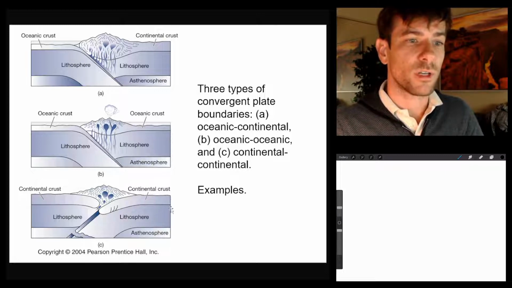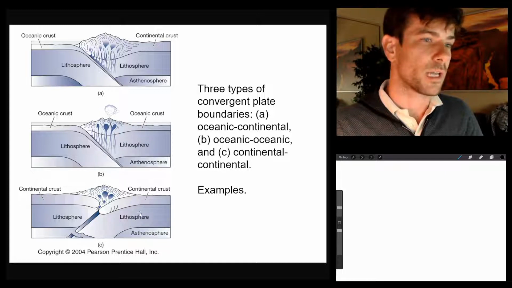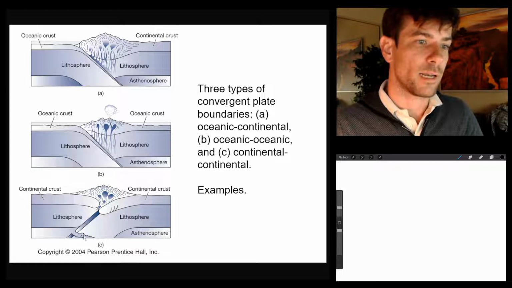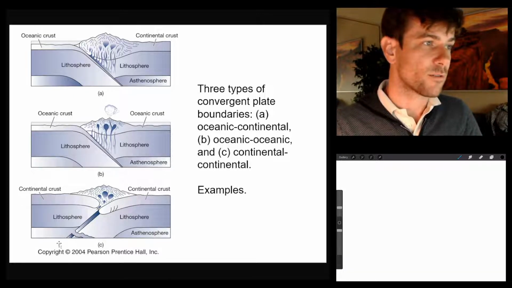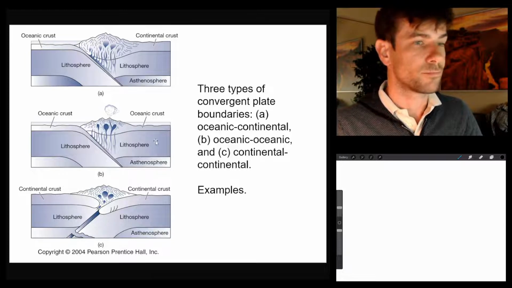This could be an example of where India came into Eurasia, right? This would be India on this side, and we had ocean crust subducting for a while, but then the continent ran into the other continent, and it just sort of turned into this little mess of crumpled up crust, and the oceanic plate breaks free and continues downward. Okay.